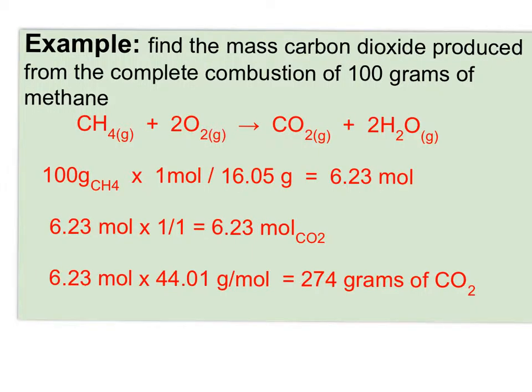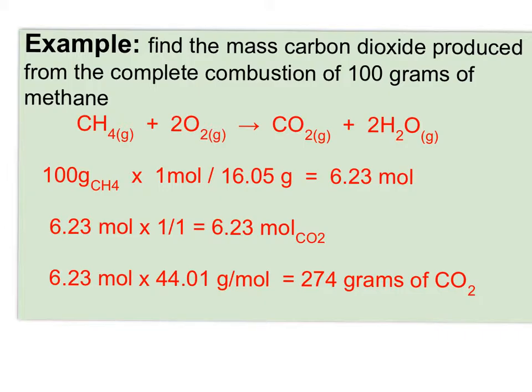So here's my solution. My balanced equation says CH4 plus 2O2 will yield CO2 plus 2H2O. So my 100 grams of methane at 16.05 grams per mole will be 6.23 moles. I look at my equation, see it's a 1-to-1 ratio.